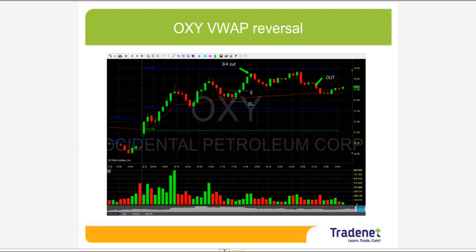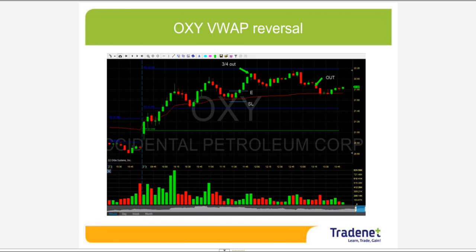Look at this. Nice and clear move. There is no question that this stock is moving up or down. This is important for the VWAP reversal strategy, if you have a momentum up or down. Yesterday with Oxy, we had a really nice day to the upside. And as you see, it just nicely pulled back to the VWAP. And look at the volume in the red candles when it pulled back to the VWAP.